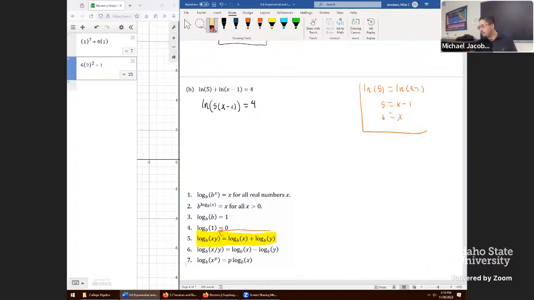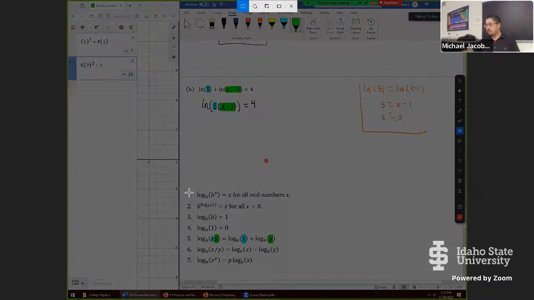So just for the sake of comparing what happened here, think of this 5 as playing the role of x. And think of this x minus 1 playing the role of y. Then all that happened was we took the x, which is 5, and we took the y, which is this x minus 1, and just multiplied them together. So that's pretty much the idea of this whole step here.